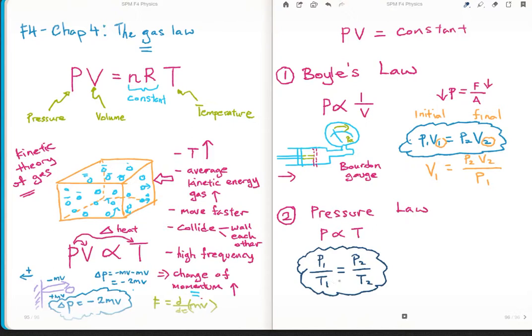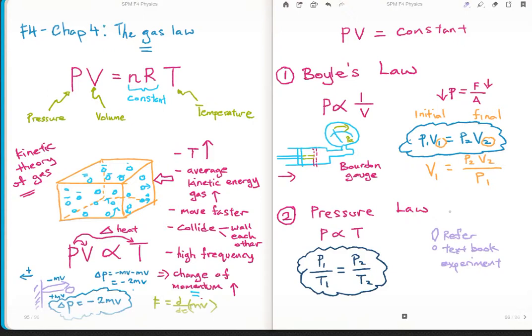You need to read up on the experiment. What is the experiment to conduct this? It is important that you refer to your textbook or reference on the experiment, not only for Boyle's law but the pressure law as well.